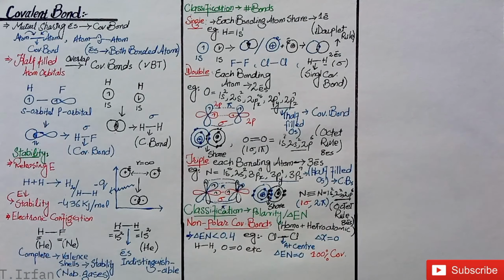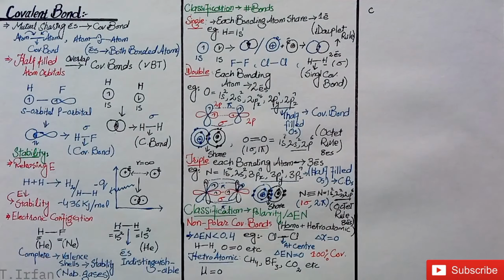These are non-polar and considered 100% covalent. And there are many heteroatomic molecules which have polar covalent bonds, but these are still considered non-polar molecules, such as CH4, BF3 and carbon dioxide.